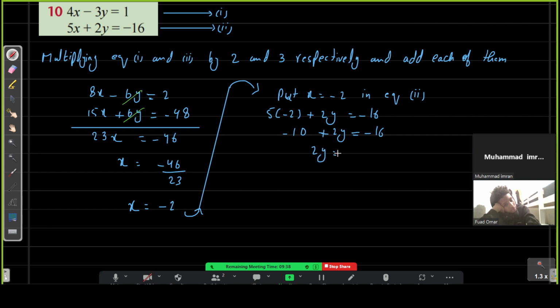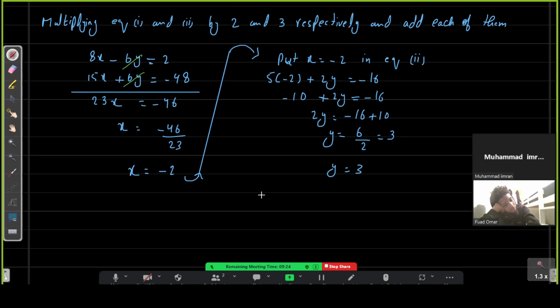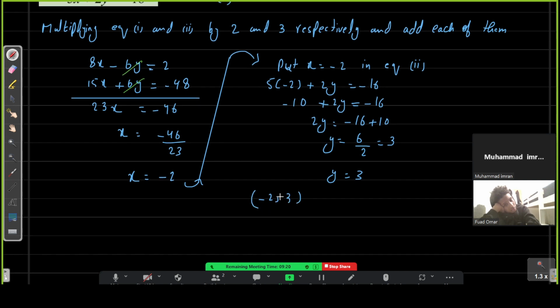So 2y is equal to minus 16 plus 10 is equal to 6, divided by 2. So y is equal to 3. So it means our solution is minus 2, 3. It means both of the equations are intersecting each other at point minus 2, 3.